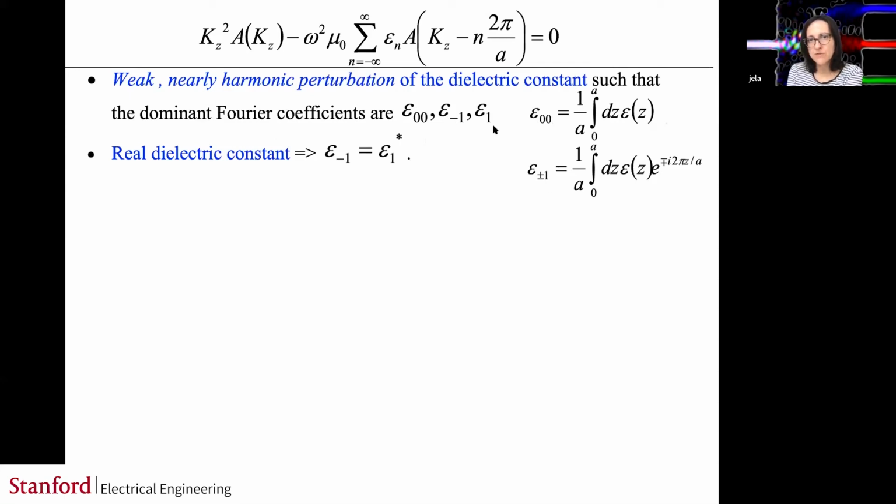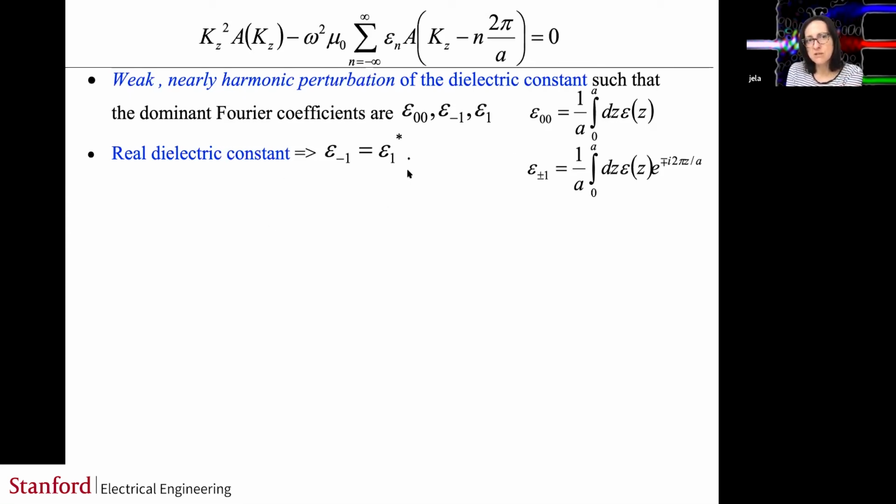And then coefficients epsilon 1 and epsilon minus 1, which are calculated for n equal to 1, right? So those are the 0th and 1st order Fourier coefficients in the expansion of this function, okay? I assume that these are the dominant ones. Epsilon 2, epsilon 3, epsilon 4 would have magnitude that is smaller than these.